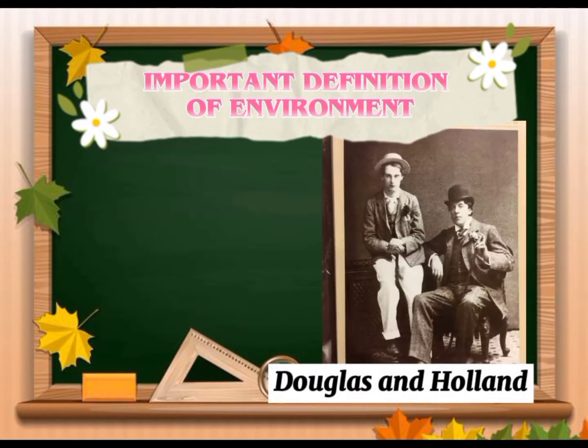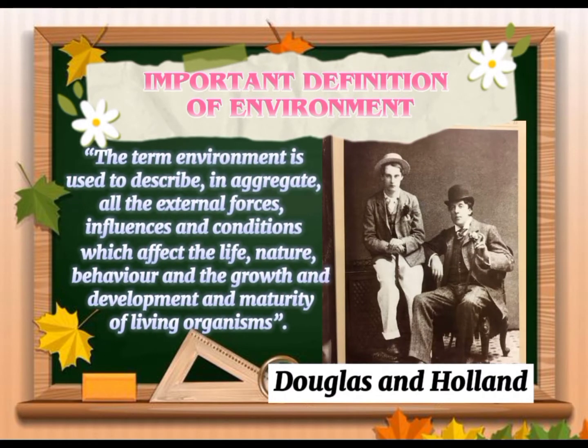Douglas and Holland define the term environment as used to describe in aggregate all the external forces, influences, and conditions which affect the life, nature, behavior, and the growth, development, and maturity of living organisms.